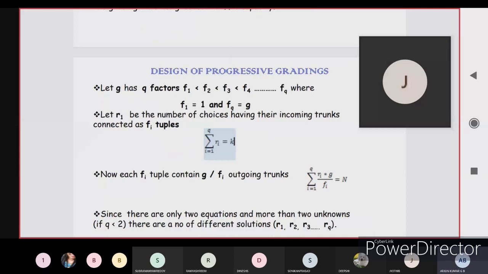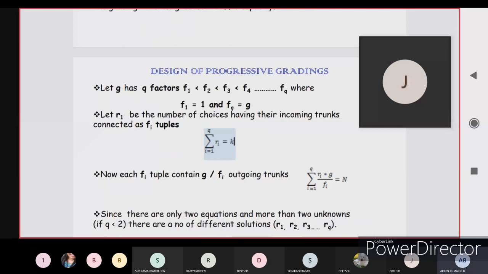Then, once they are found, for each you should calculate the sum of the successive differences by using this formula. D is equal to mod of R1 minus R2, plus mod of R2 minus R3, plus mod of R3 minus R4, continuing until mod of R(Q-1) minus RQ.